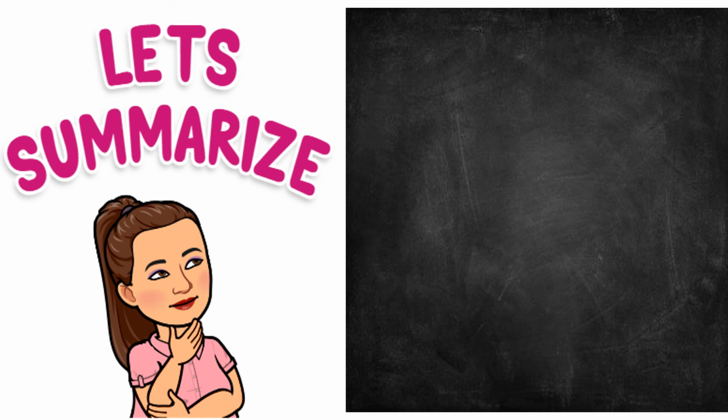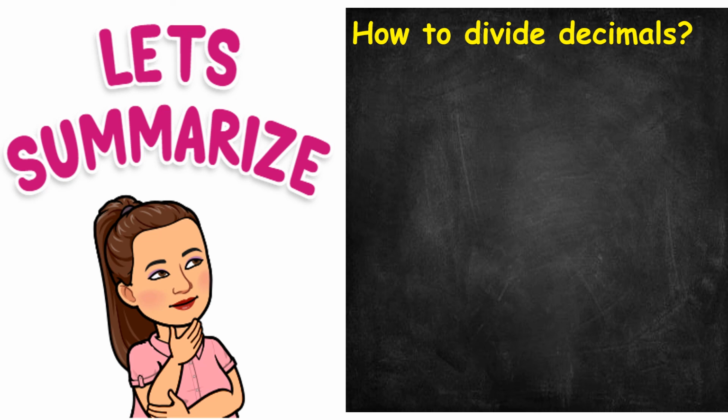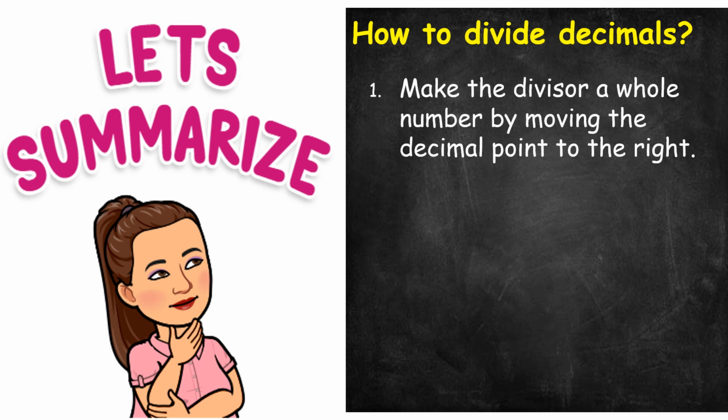Okay, so that is the end of our examples regarding dividing decimals. So let us summarize again our lesson for today on how to divide decimals. How can we divide decimals? What is the first step to do? Correct. That is to make the divisor a whole number by moving the decimal point to the right.